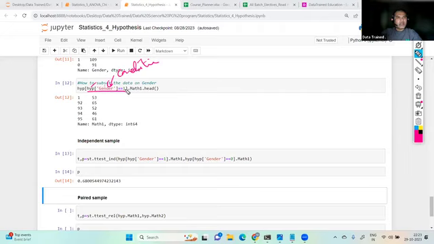Whenever it is equal to 1, select the data from this data set. Then take their maths 1 marks and the head method. Here I'm just showing you, you don't need the head method. So only the maths 1 score of male students will be selected, and only the maths marks of girl students will be selected.